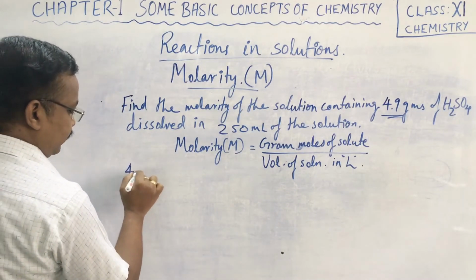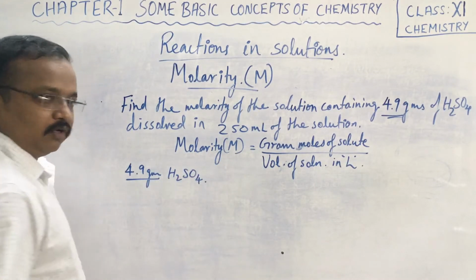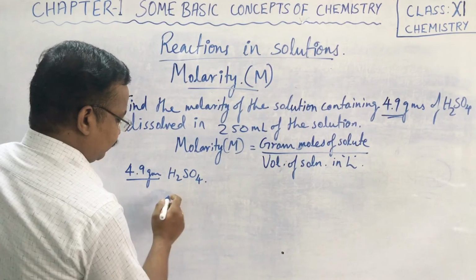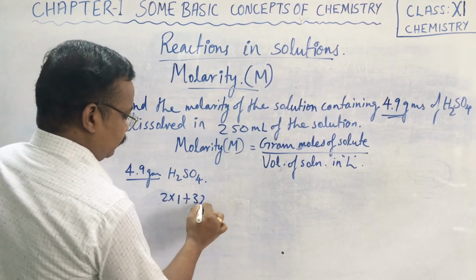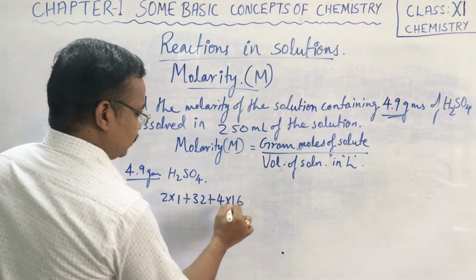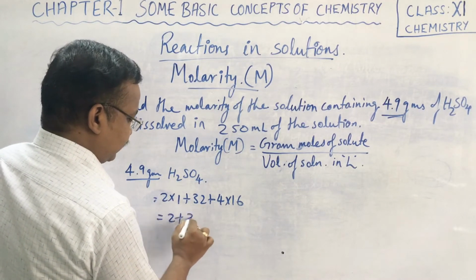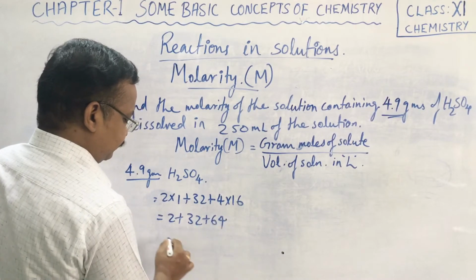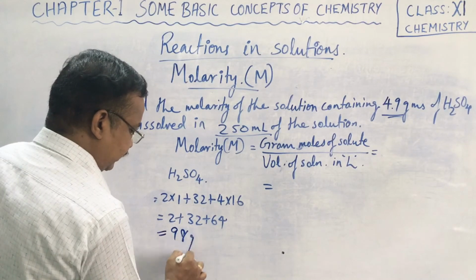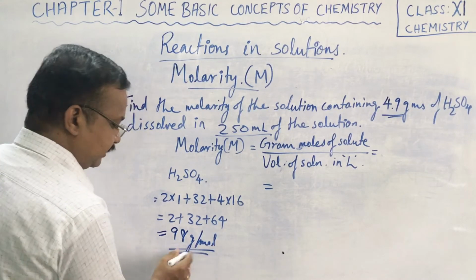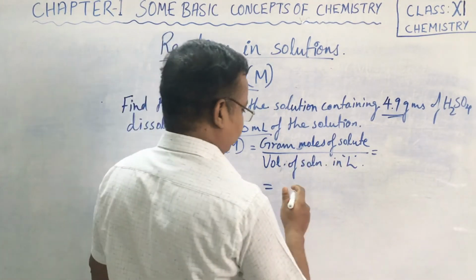Children, listen here. What is the molecular mass of H2SO4? We can find it: 2 into 1 plus sulfur is 32 plus 4 into 16. How much does it come to? This is equal to 2 plus 32 plus 64. In total the molecular mass comes to 98 gram per mole. You can write gram per mole or gram mole inverse, so that you can put it in the formula.